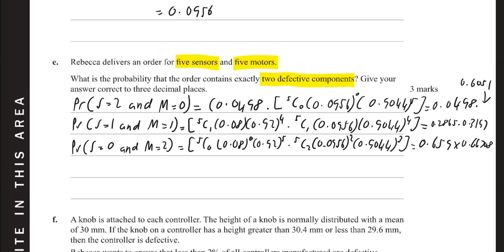And to find what the question is asking us, which is exactly 2 defective components, we add up the values we got from each combination. And once you add those up, you get 0.166.